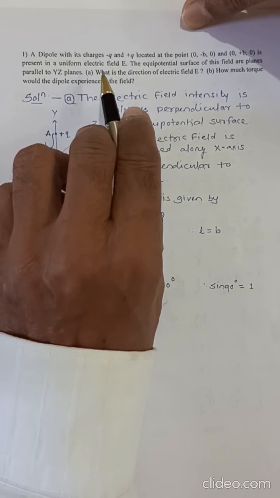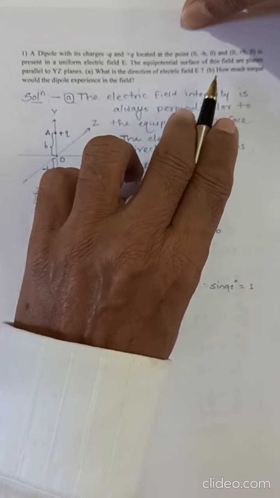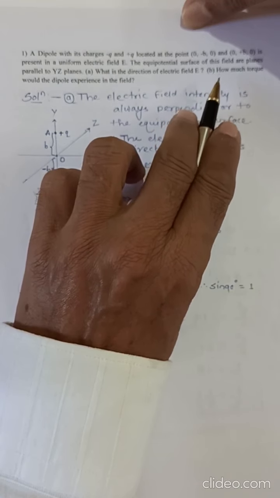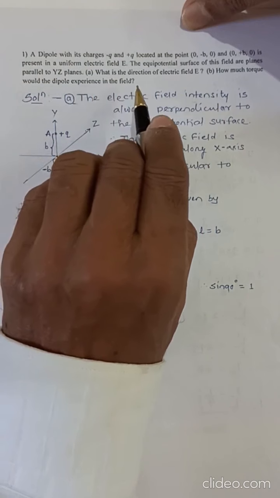A: What is the direction of electric field E? And second part, how much torque would the dipole experience in the field?